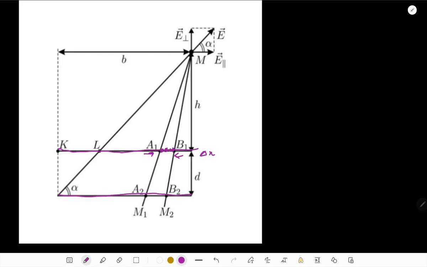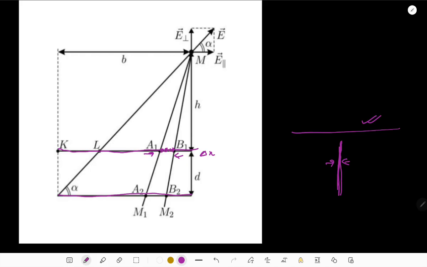There is a small narrow strip like this, and you can see this strip shown in this picture, and this is its thickness.